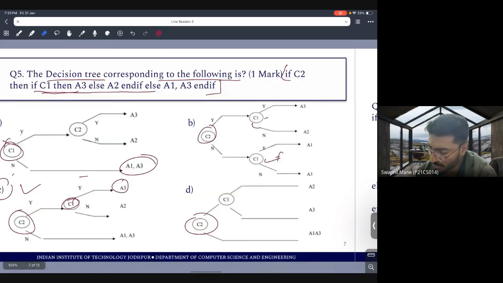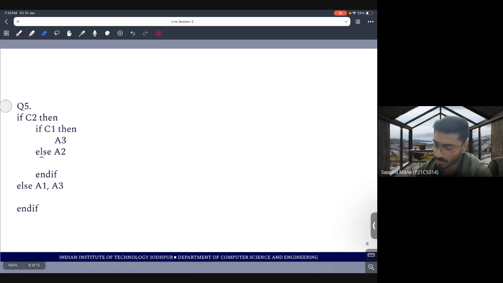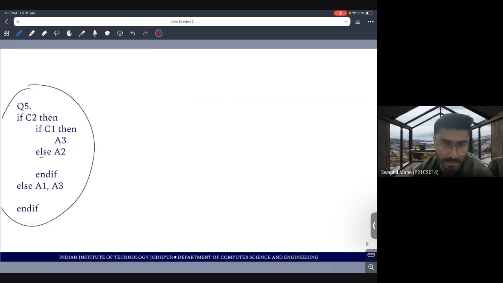Forget about the options here. Only see this code. These are logical rules. Here, if C2: this part is executed when C2 is true, and this other part is executed when C2 is false.